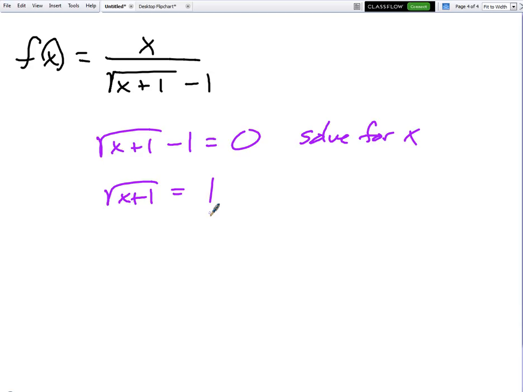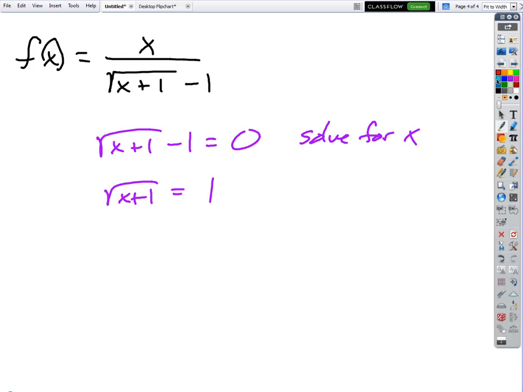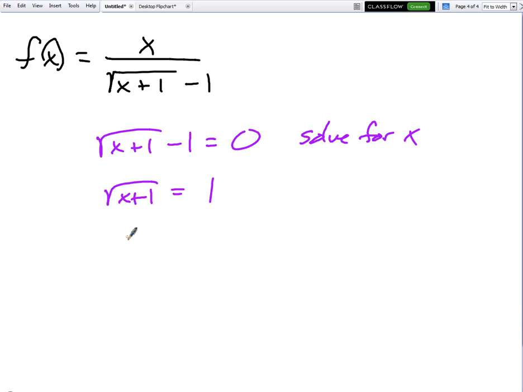No, it doesn't. Now that's natural, and I understand why you might have said that. But when I square both sides, a square root squared just undoes the radical, doesn't it? So I get x plus 1 equals 1 squared, which is just 1, not plus or minus, just 1.